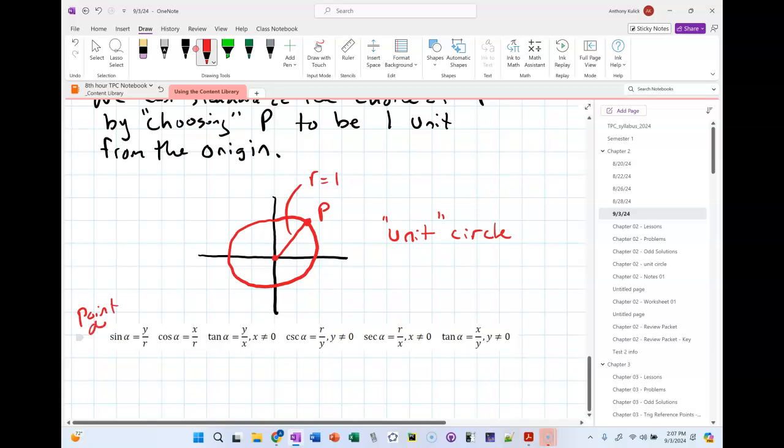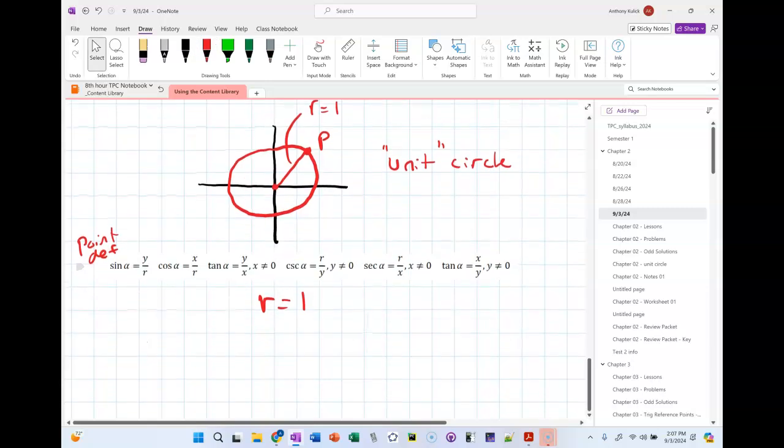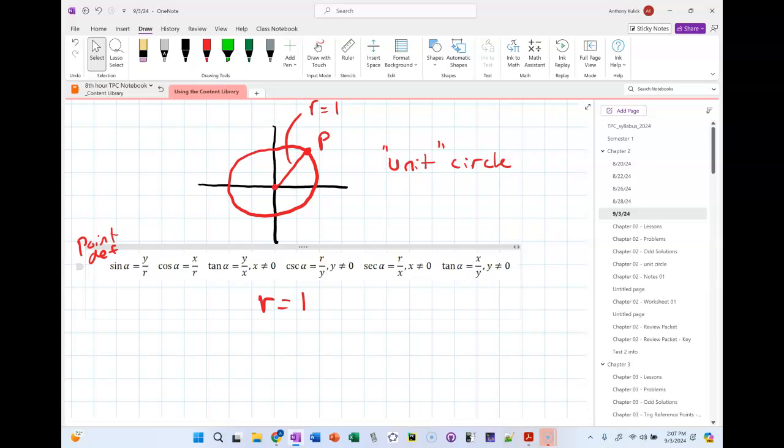And we're going to say, okay, we're standardizing how we're choosing our P so that the r is always 1. What is sine, y over r, going to change to if r is always equal to 1? It becomes y over 1, or just y.